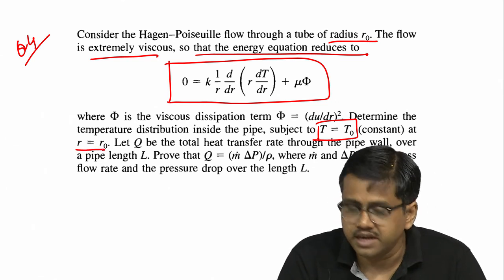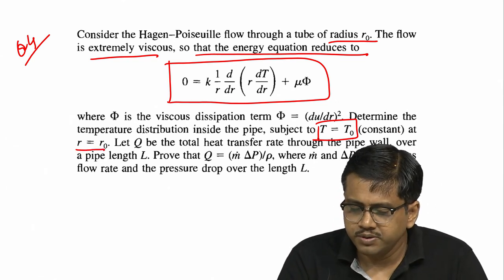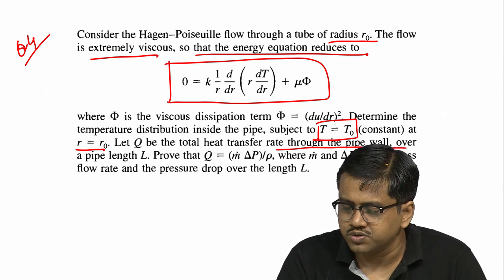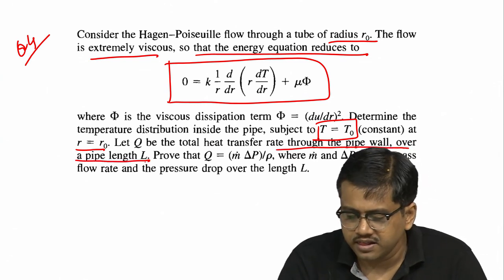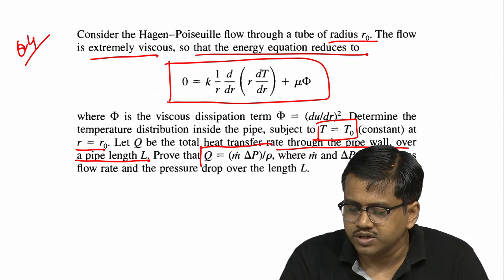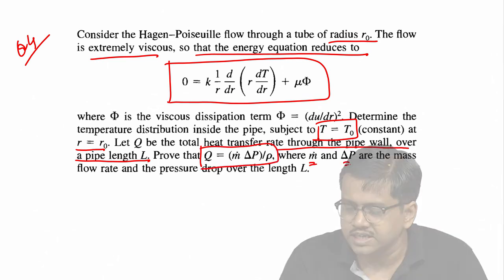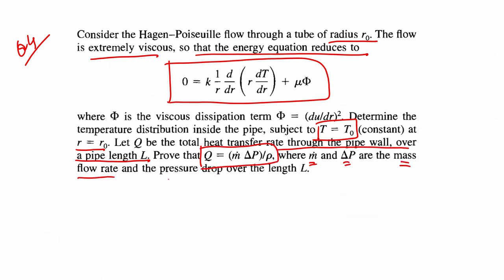So, it is an isothermal case. Let Q be the total heat transfer rate through the pipe wall over a length L. Prove that Q is equal to this, where m dot and delta P are the mass flow rate and pressure drop over the length L. That is what we have to prove.